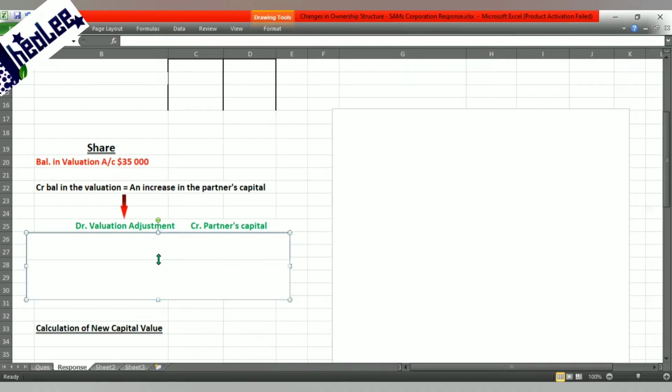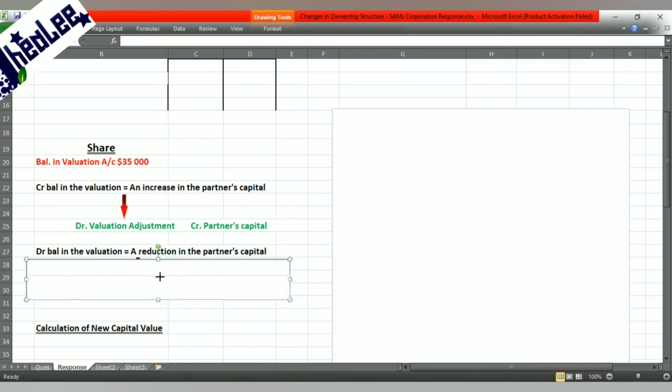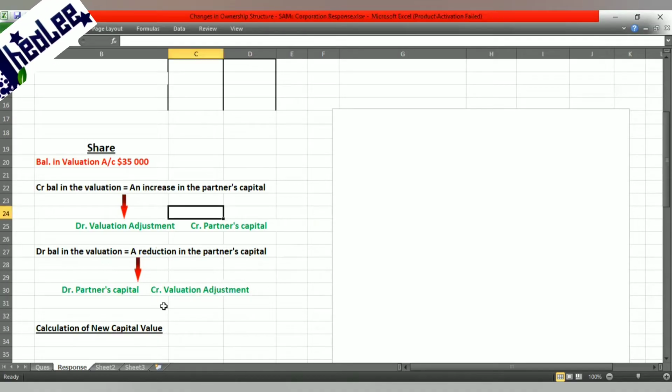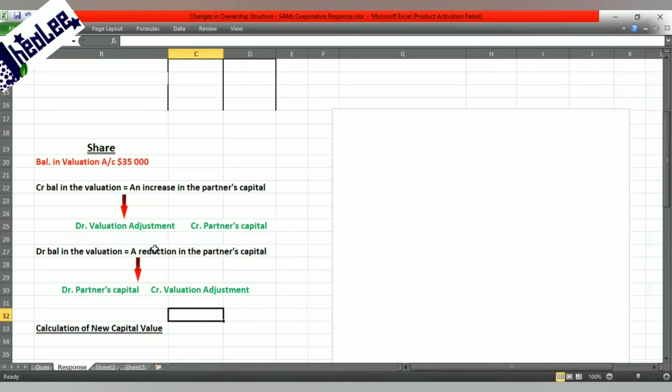However, if there is a reduction in the valuation adjustment account, meaning that there is a debit balance, there is a reduction in the partner's capital. So therefore, what you would do is to debit your partner's capital and credit your valuation adjustment.